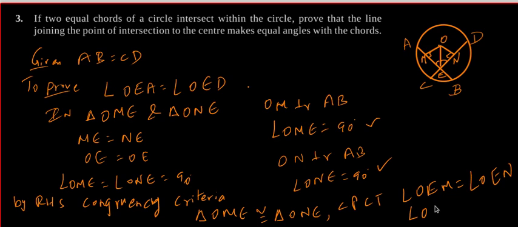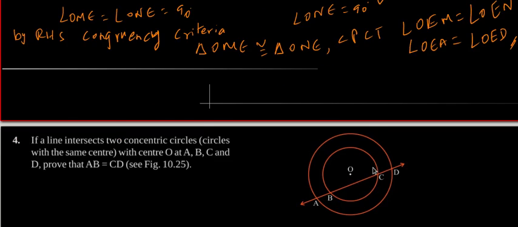So angle OEA equal to angle OED. So the line joining the point of intersection of both chords to the center makes equal angles with the chord has been proved. Next one.